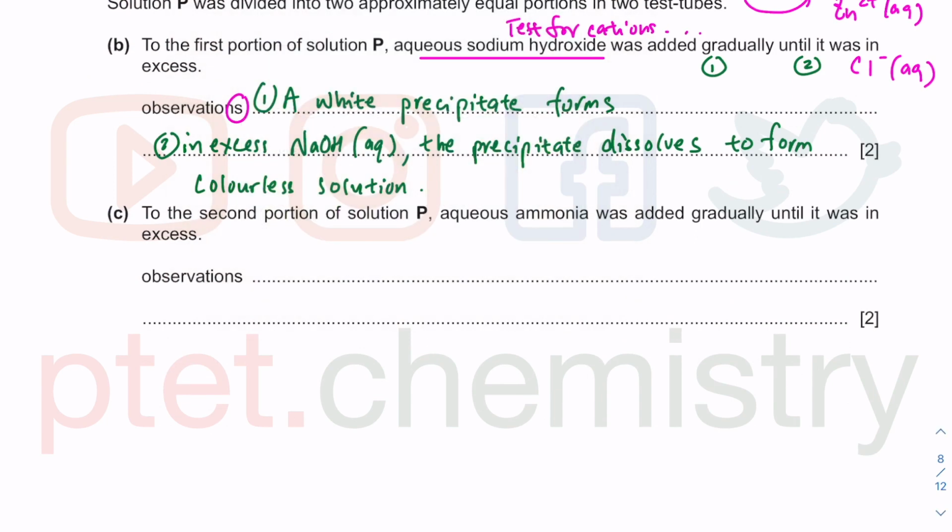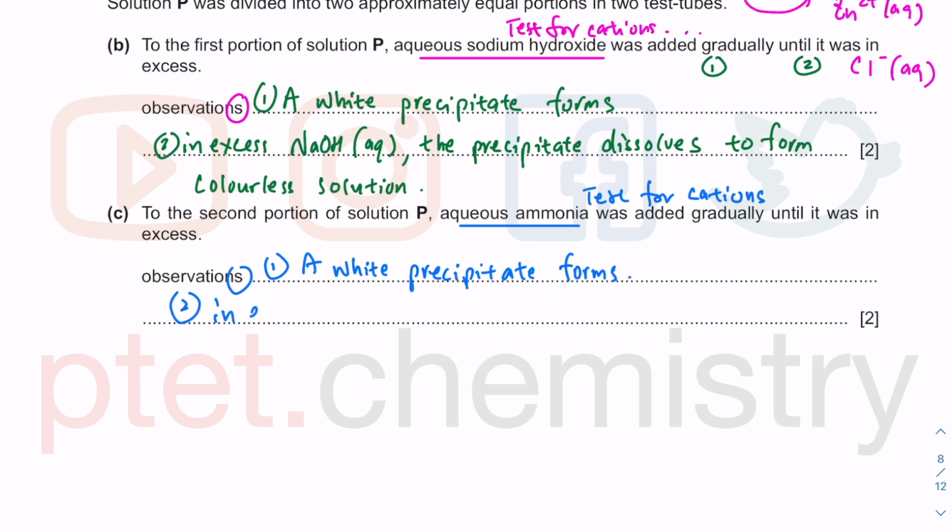Now we also added aqueous ammonia. This is also used to test for cations as well. That's why you have 2 columns. Again, the observation, you will get a white precipitate forming initially. We are not allowed to use abbreviations in your theory paper, which this one is actually like a theory paper. So again, you're not allowed to use ppt except for practical paper 3.